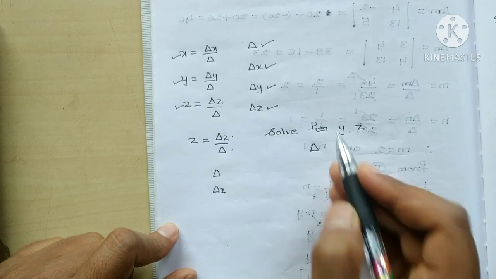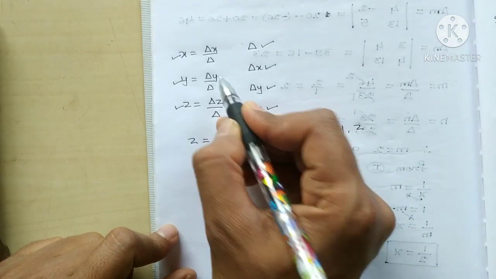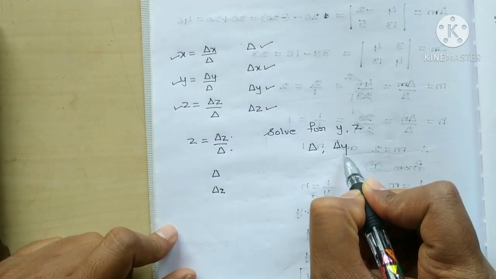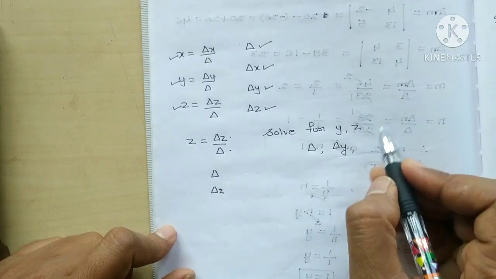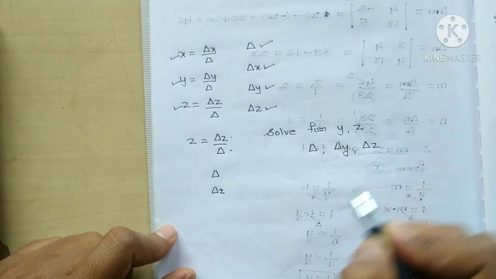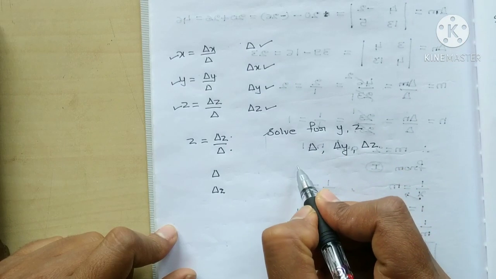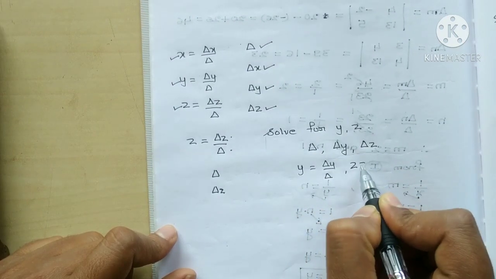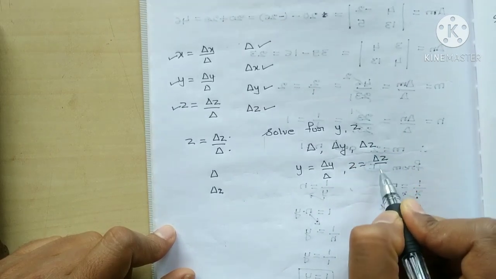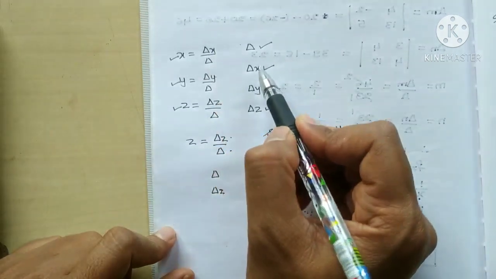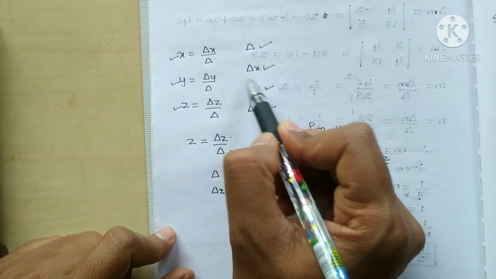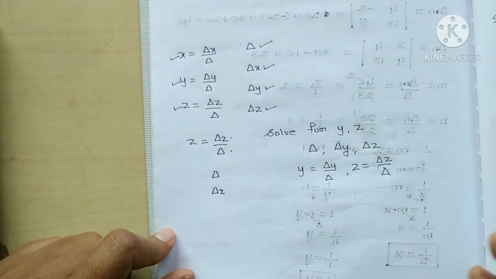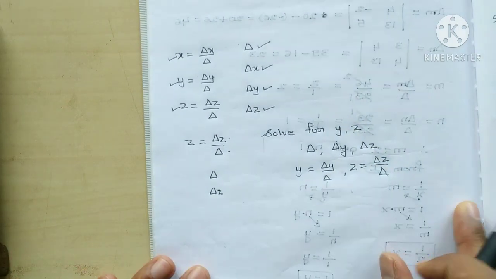Second step, delta y value. Third step, delta z. Then the y formula goes to delta y divided by delta and the z formula goes to delta z divided by delta. That time it is not necessary to find out which value? Delta x. Correct?